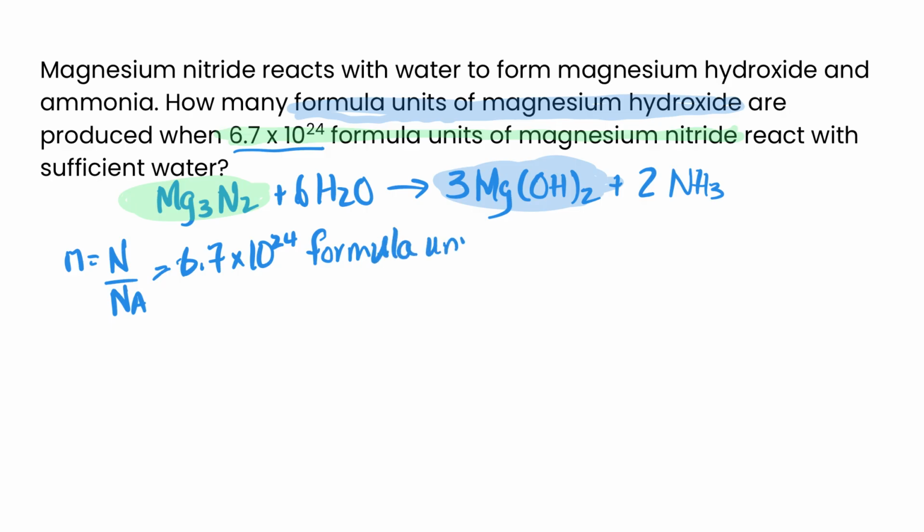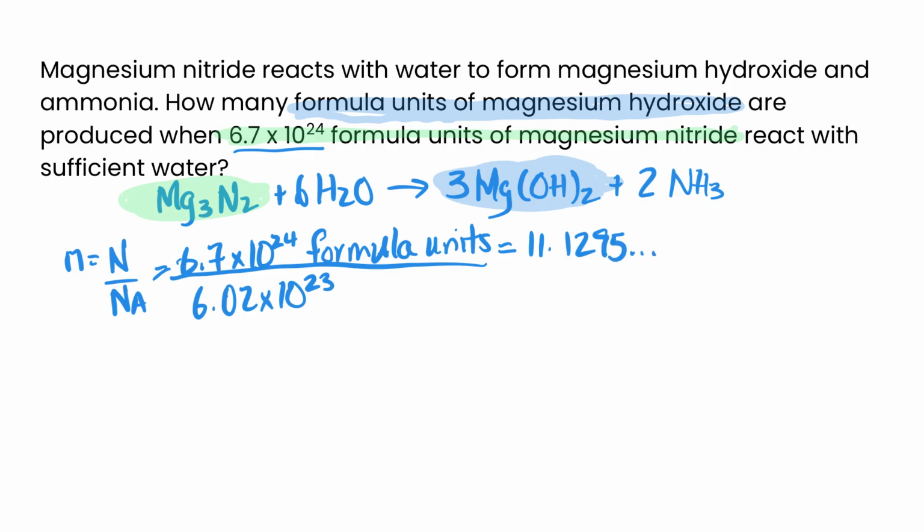I guess I'll write out the whole word. Takes a little bit, but that's okay. And then we're going to divide that by 6.02 times 10 to the 23. So that is going to give us 11.1295, so on, moles of magnesium nitride.